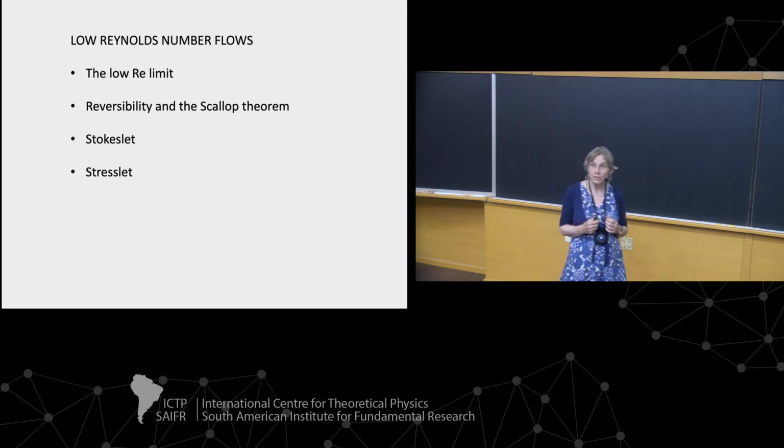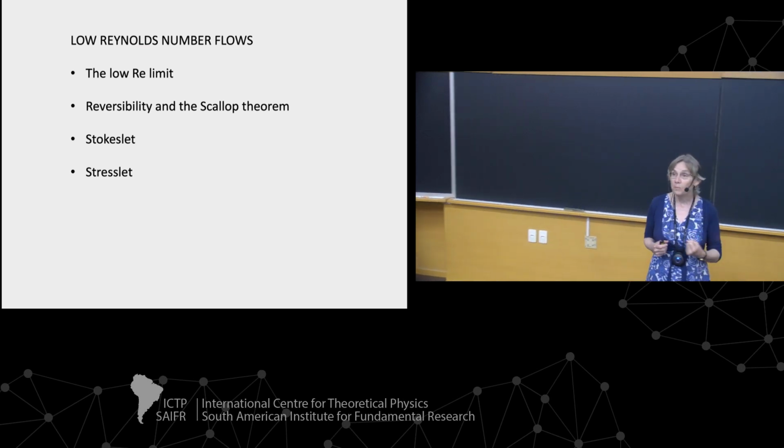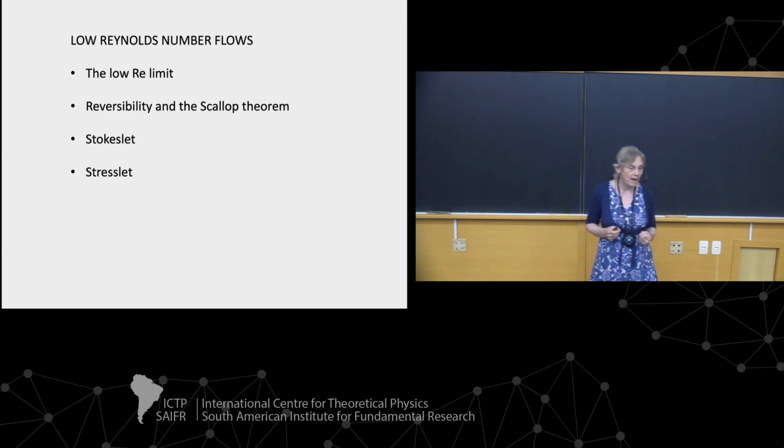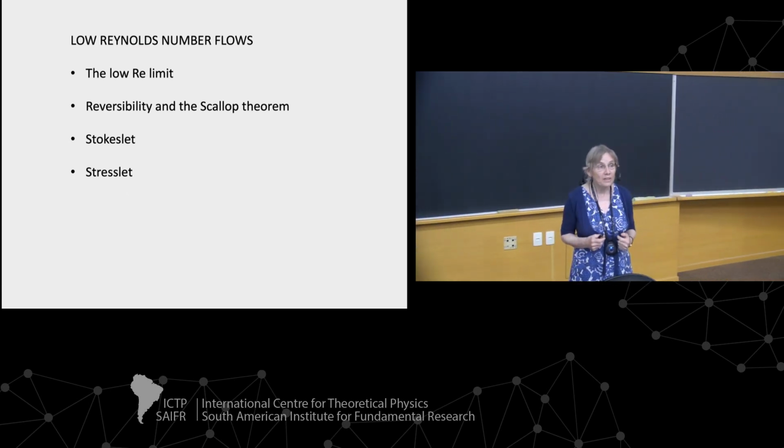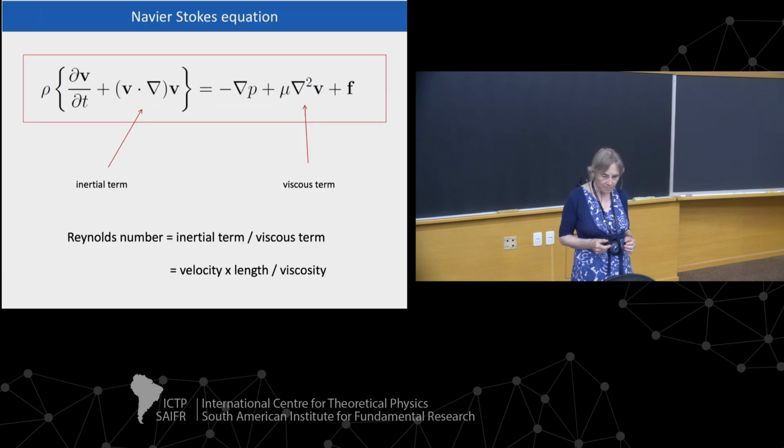So the sort of hydrodynamics we do are going to be low Reynolds number hydrodynamics. And that is going to be very helpful in understanding how to write down the active terms in my equations of motion. So let's look at the low Reynolds number limit.